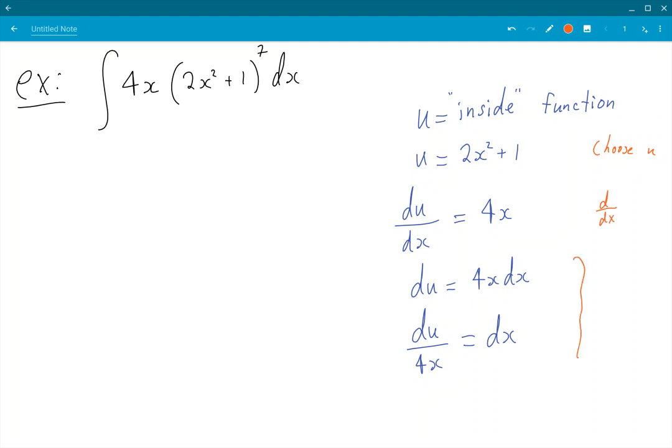And then here I solve for dx. Okay, so this is my way of doing substitution. For these steps, the solving for dx, that is kind of my way of doing it. If you look in the textbook, they do something a little bit different.